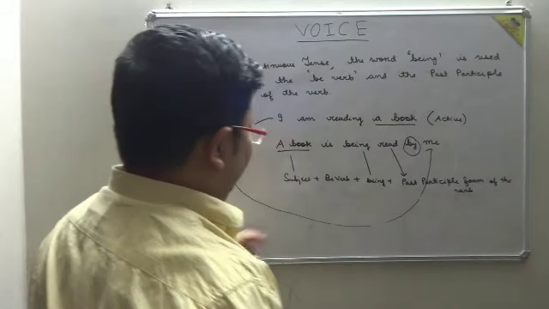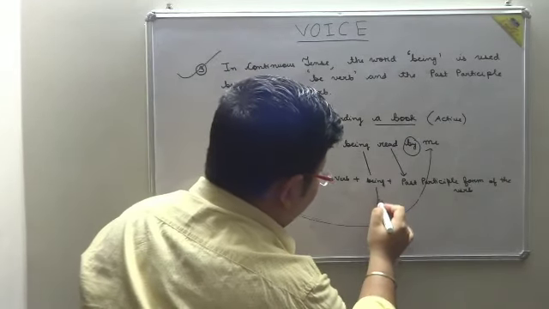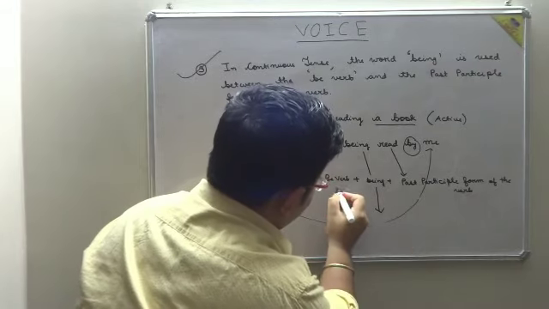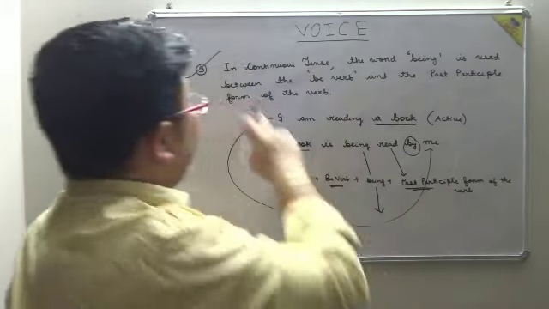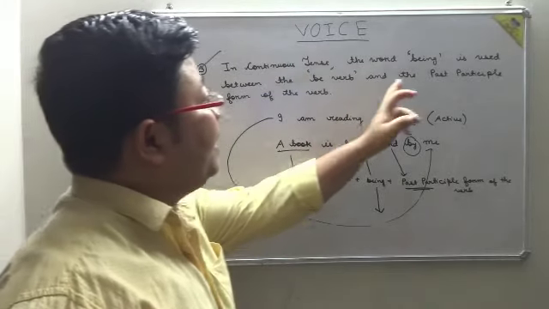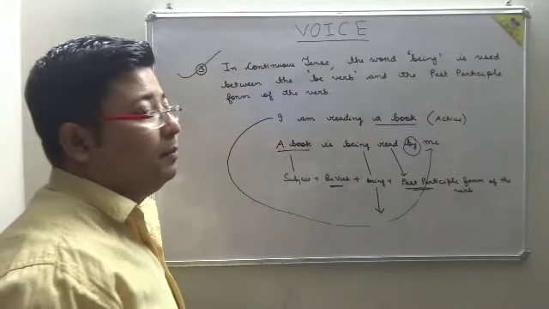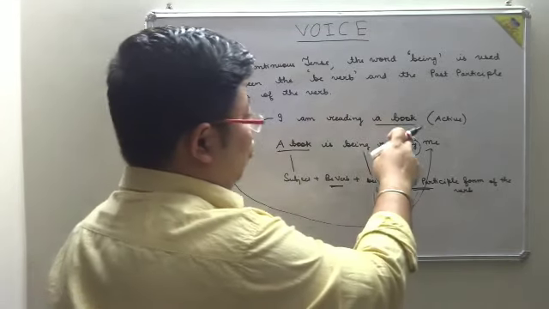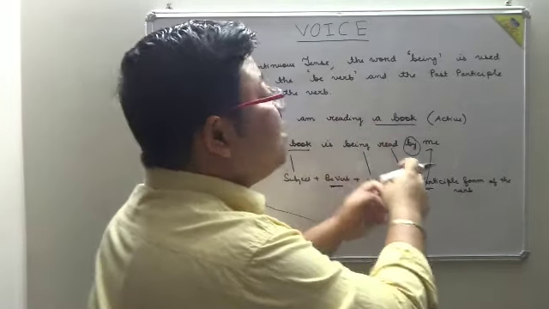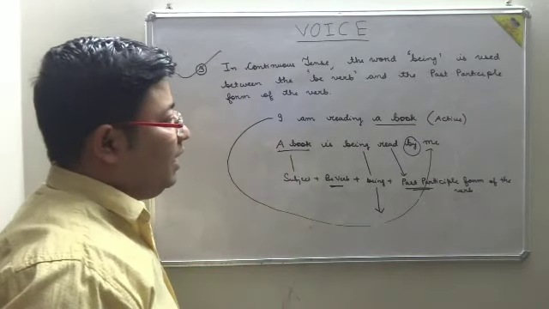See, the being will be used in between the be verb and the past participle form of the verb. In continuous tense, the word being is used between the be verb and the past participle form of the verb. I am reading a book. A book is being read by me. Okay, is it clear?